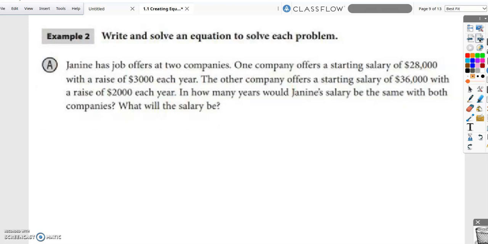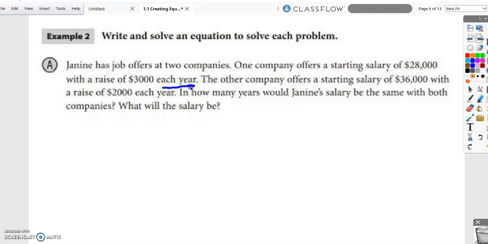All right, write and solve. This is an example. Write and solve an equation to solve each problem. Janine has a job offer at 2 companies. One company offers a starting salary of $28,000 with a raise of $3,000 each year.